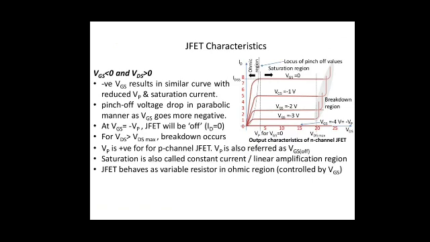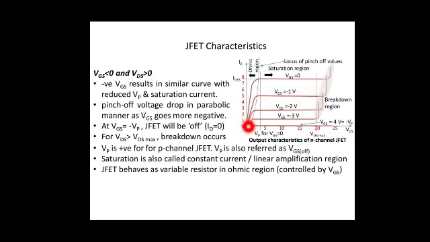Here you can see the characteristics, as I have said. When VGS equal to 0, the pinch off occurs at this point, and this is IDSS. Now when VGS is negative, say -1 is applied, the pinch off occurs at a lower voltage, and from there you have a constant ID even though you are increasing VDS.